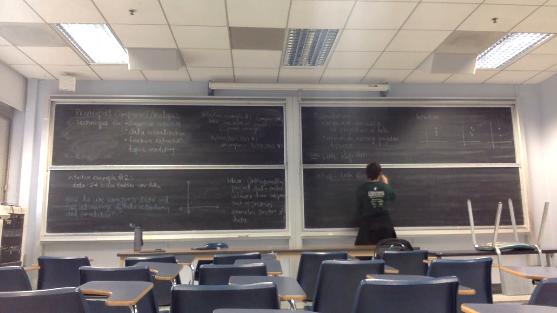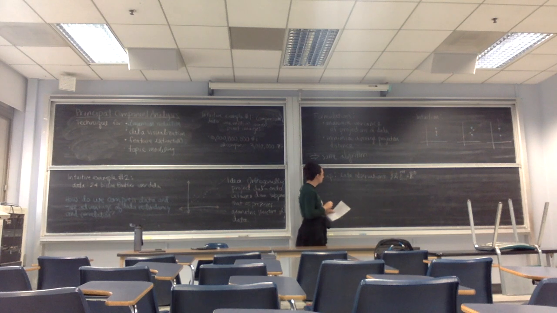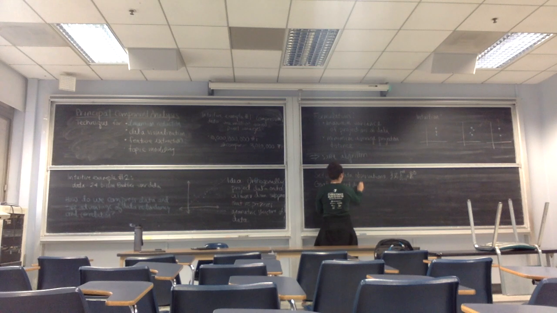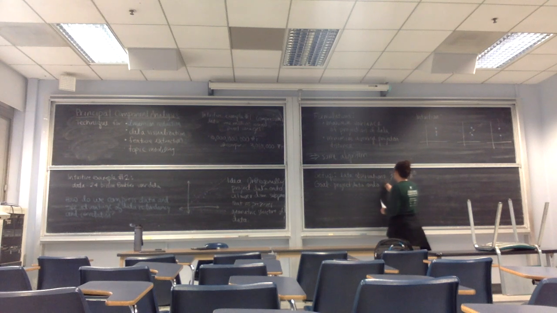Okay, so these are our blue points, and I'm going to represent them by vectors x_i, and I'm going to say there are n of them, and they're all capital D dimensional vectors. And then our goal is to project the data onto a lower dimensional subspace. I'm going to say that this is going to be an m-dimensional subspace.